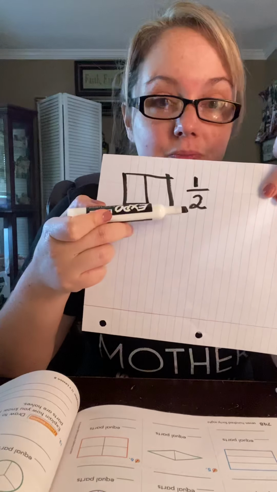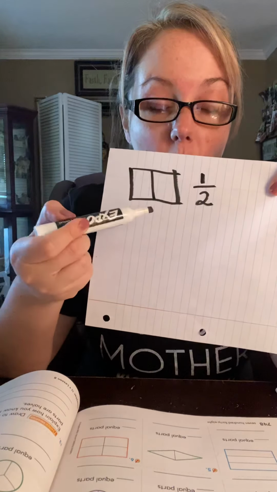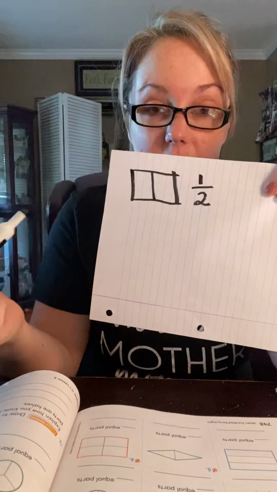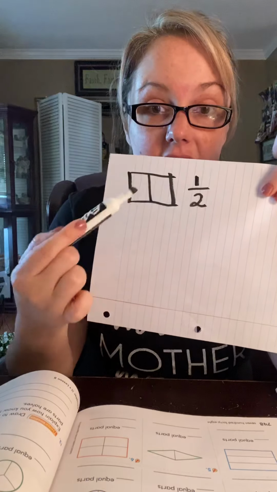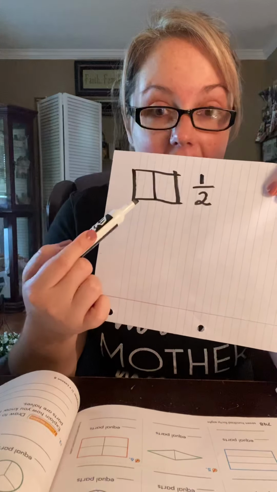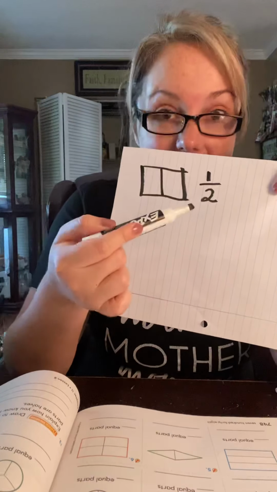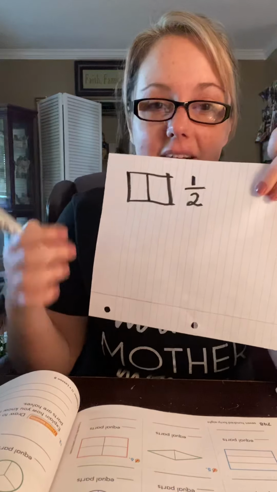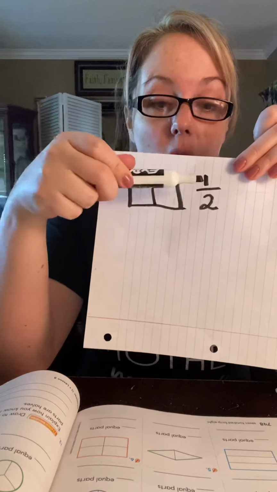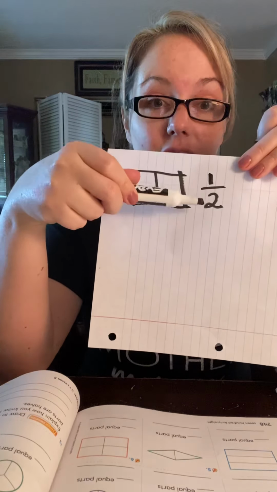See this 2? I draw 1 less line than that bottom number and I get equal parts. So if this number was a 3, I would have to draw 2 lines. If this number was a 4, I would have to draw 3 lines. Does that make sense? It'll make sense when we get it. So, this is 1/2, 1 out of 2.